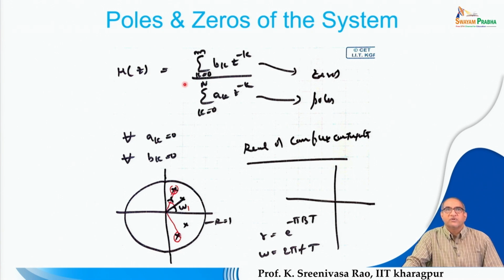So it is known to be an all-zero system. And the other way, suppose the b_k's are zeros, then it leads to only the polynomial in the denominator, and it is known to be an all-pole system. Otherwise, if a_k's and b_k's are both present, it is known to be a pole-zero system.